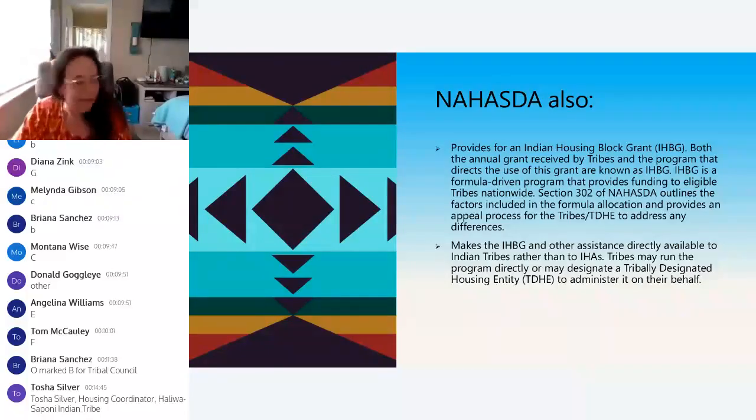They can't go from one to the other. When our money is received, we still have to make sure our environmentals are done. So at certain times, we have to make sure that our finance people, especially if you're a department of the tribe, are aware of all of the different requirements of this particular program. Okay, so if you're a department, make sure your finance people get some NAHASDA training.